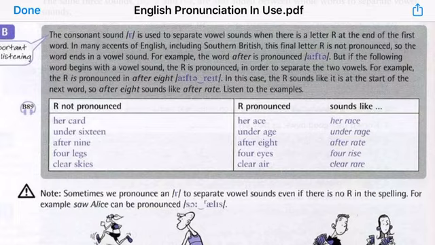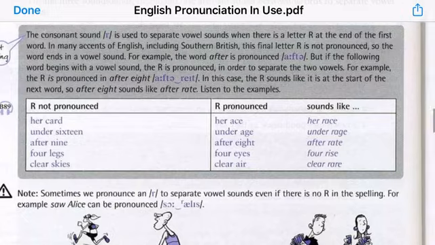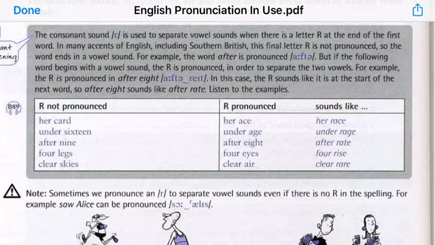When we have a schwa at the end of one word and a consonant at the beginning of the next, we don't pronounce the R sound. But if we have a word that ends with R, and the next word begins with a vowel sound, then we have to pronounce the R sound.